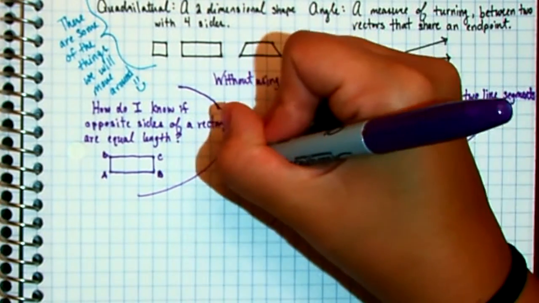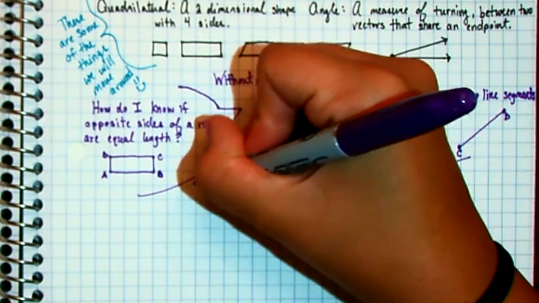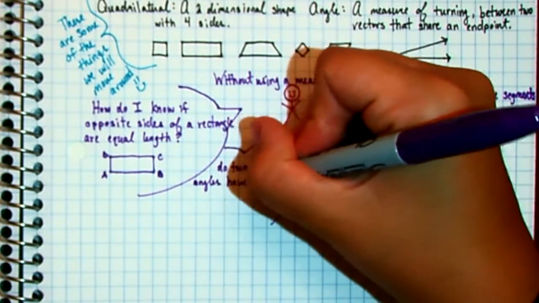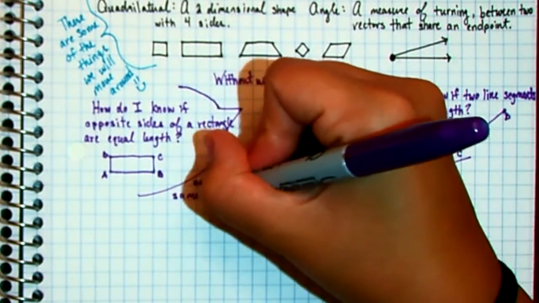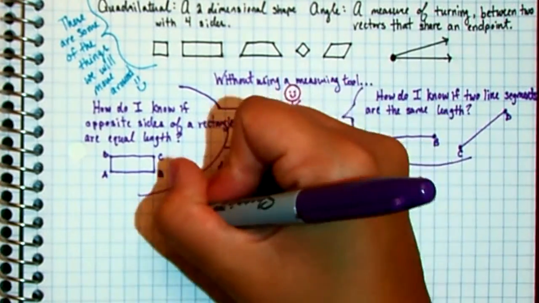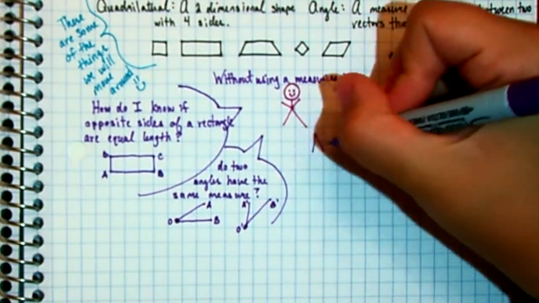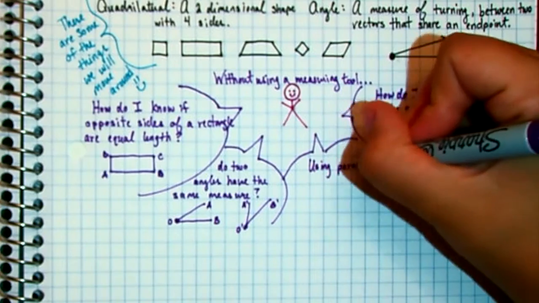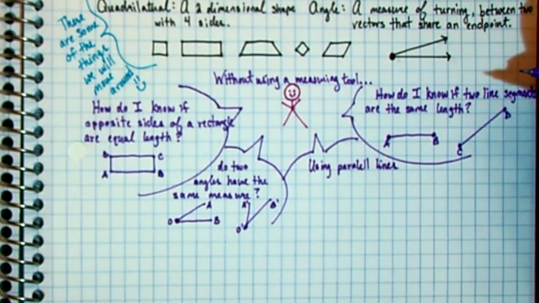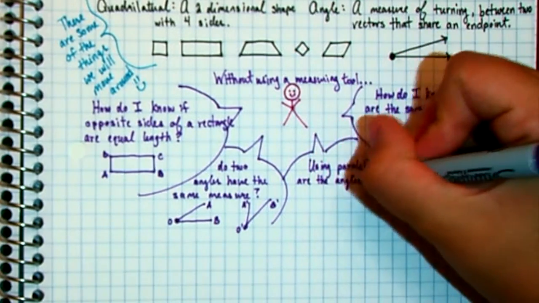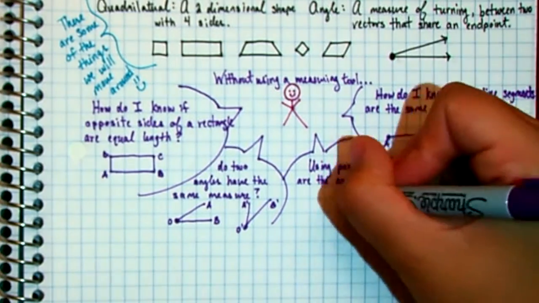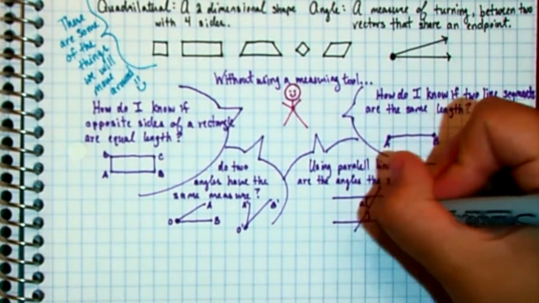We can also think of things like, do 2 angles have the same measure? I can even check if, using parallel lines, the angles are the same measure.